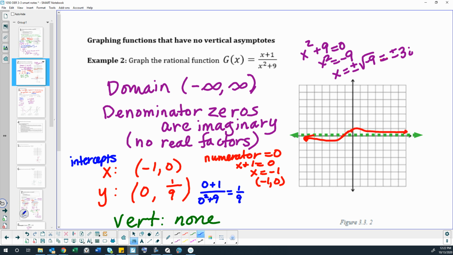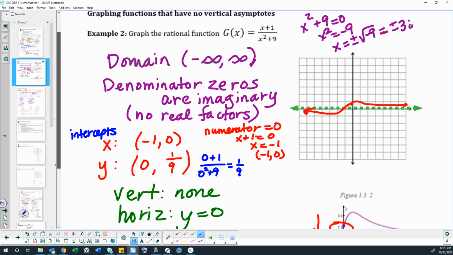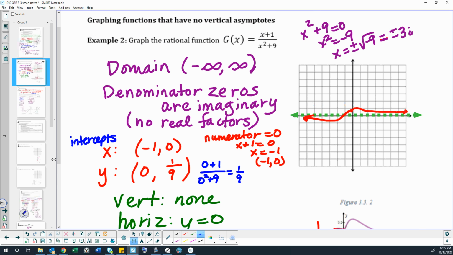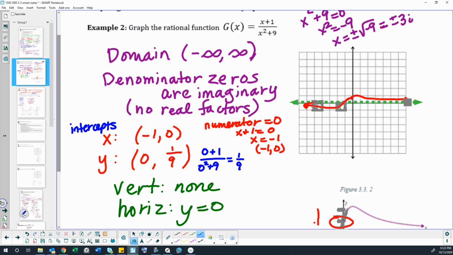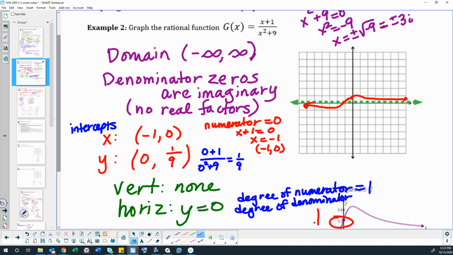Okay, we already know we have no vertical asymptotes. Let's look at our rules for the horizontal asymptote. So the degree of the numerator is 1, correct? The degree of the denominator equals 2. As we know, 1 is less than 2.